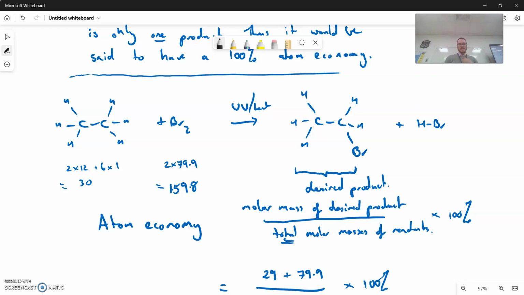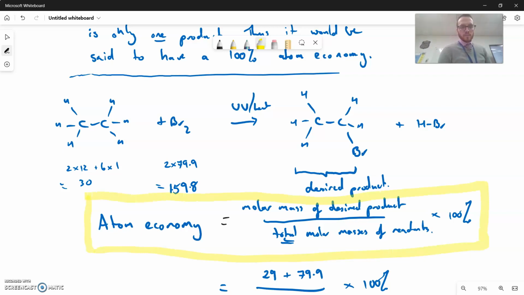So, atom economy is equal to the molar mass of the desired product divided by the total molar masses of the reactants. Yeah? So, I'll say that again. Atom economy is the molar mass of the desired product divided by the total molar mass of the reactants.